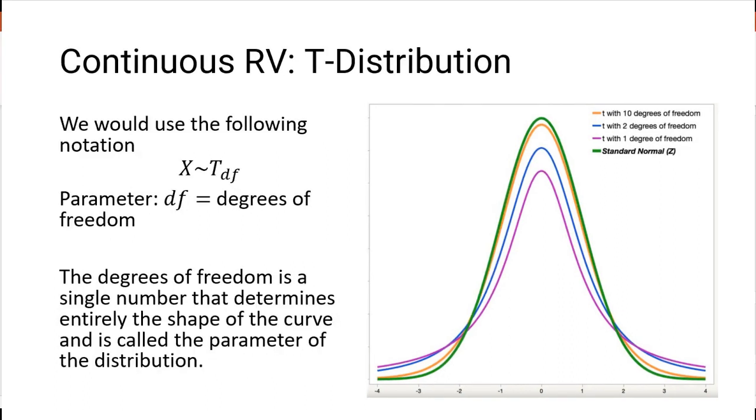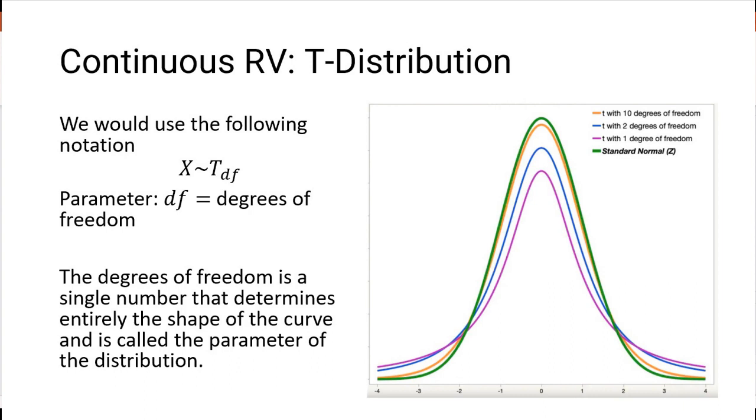The shape of the t-distribution depends on the sample size, which is closely related to the degrees of freedom. So basically, degrees of freedom, DF for short, is n, the sample size, minus 1.